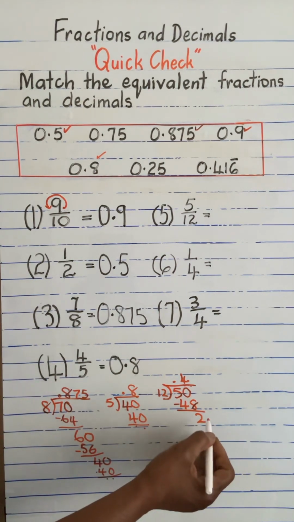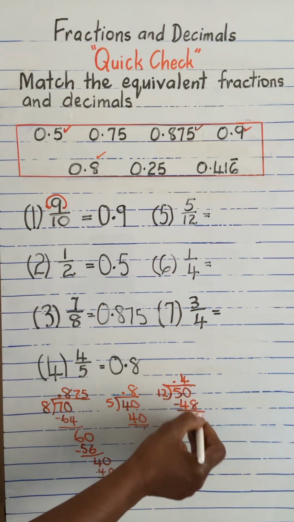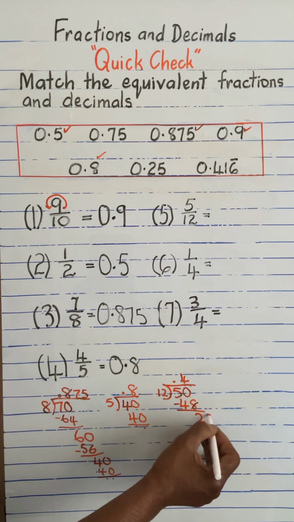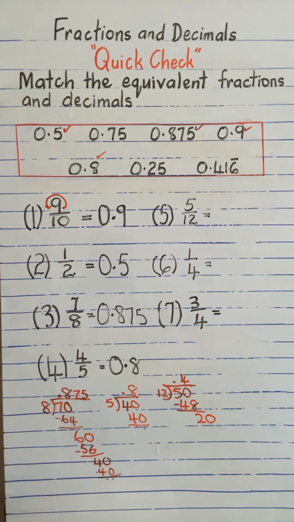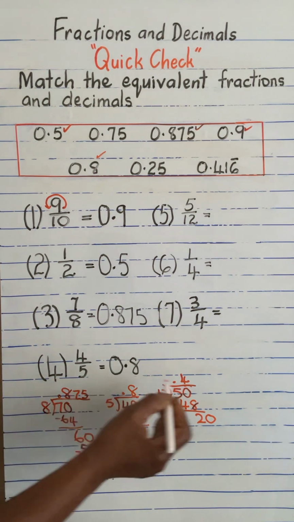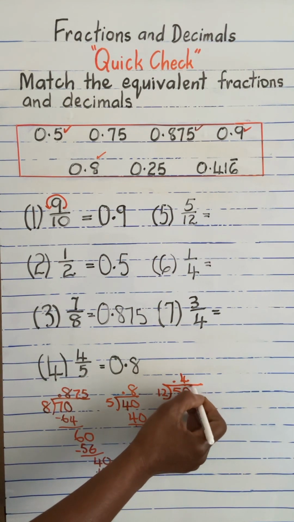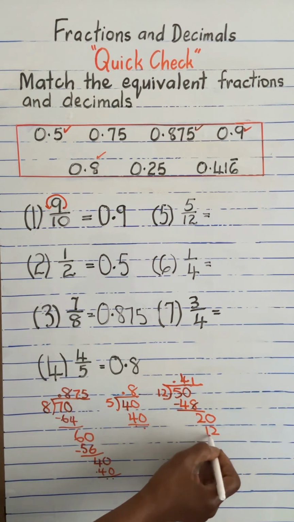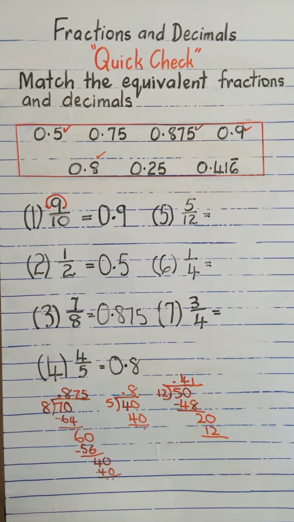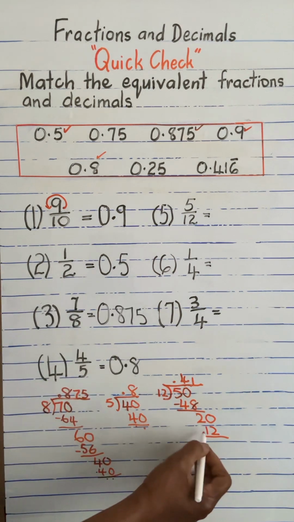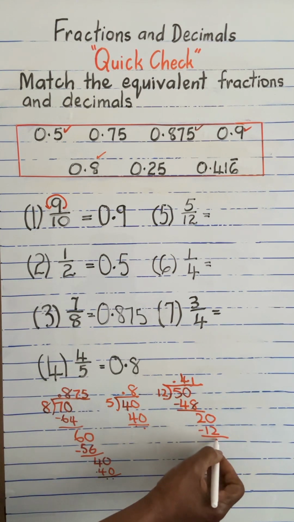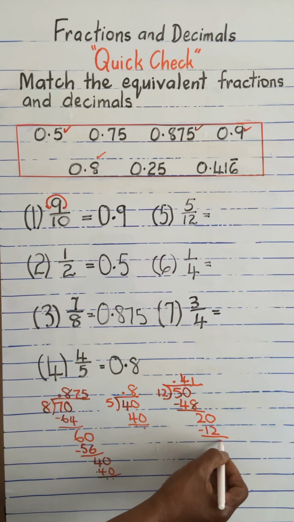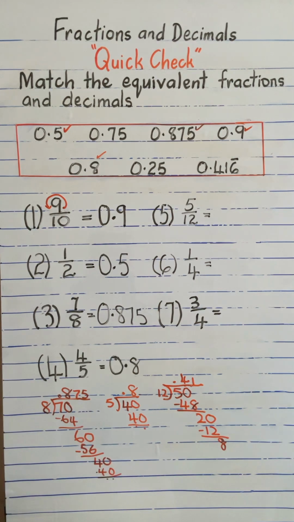We continue. We add a 0. How many times can 12 go into 20? That is 1 time. We multiply 1 times 12, 12. Subtract. 10 take away 2 is 8.